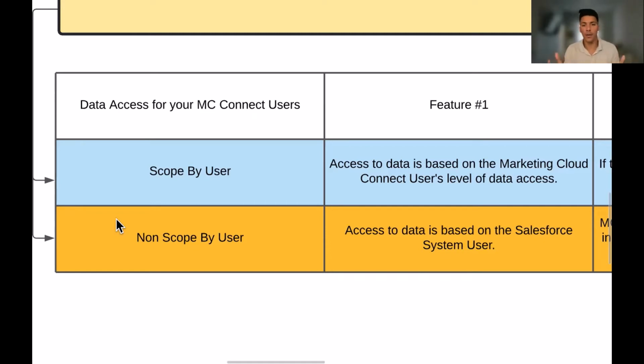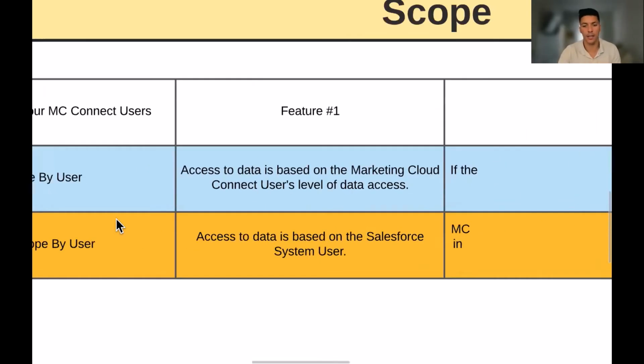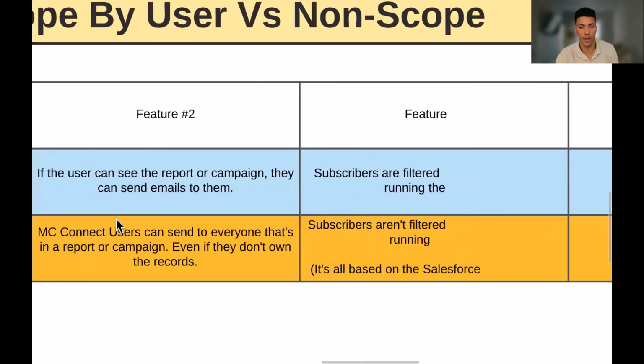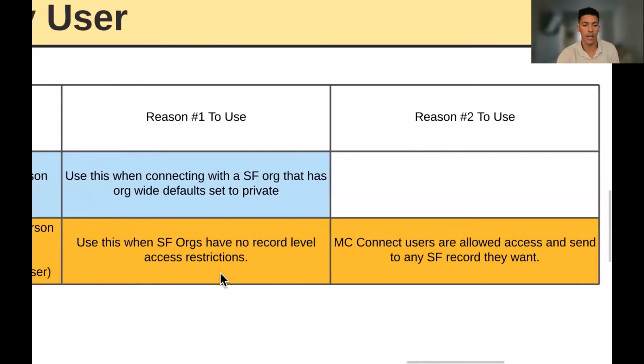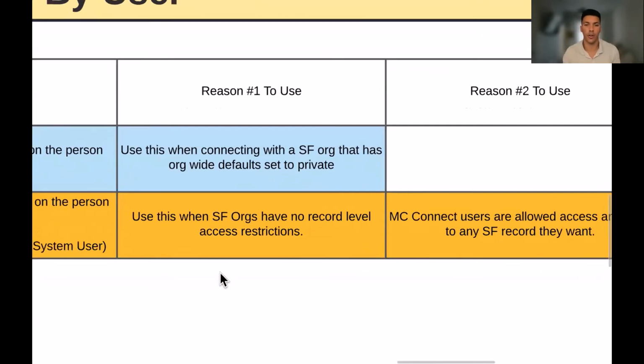So you may be wondering, why would somebody ever use non-scope by user versus scope by user? Scope by user just seems like it takes care of all the data. Well, the answer to that is over here in reason number 1 to use, which is, let's just say you're working in a Salesforce org that has no org-wide defaults or sharing settings set up.